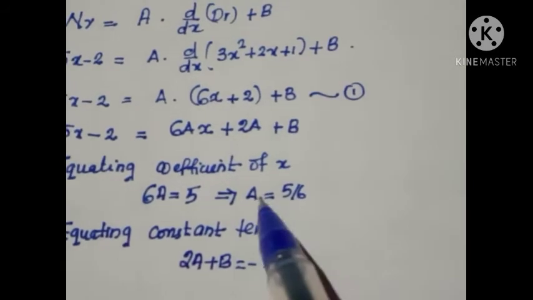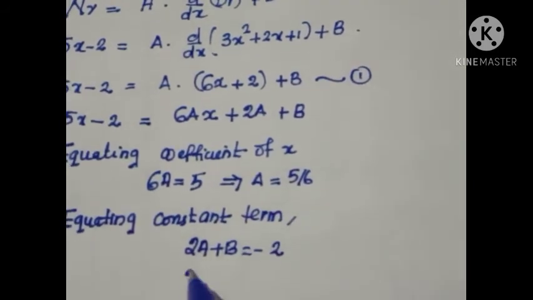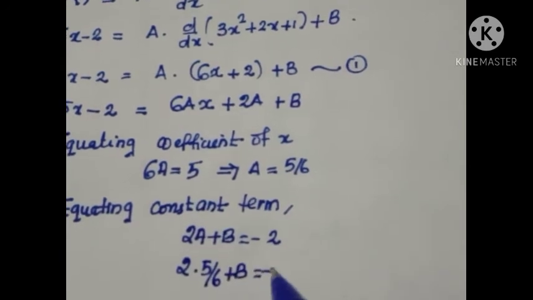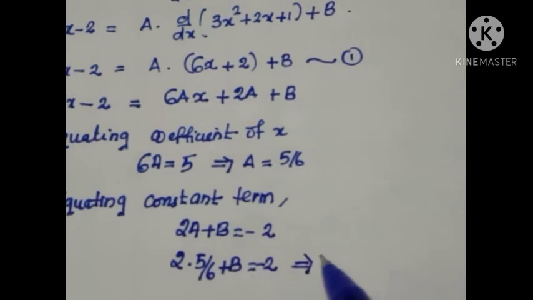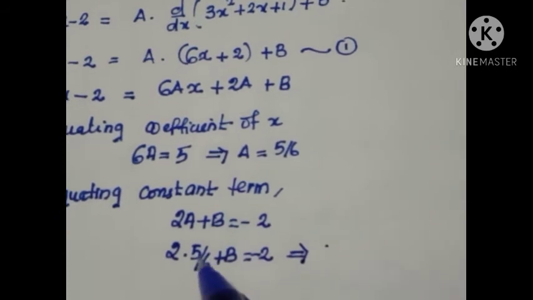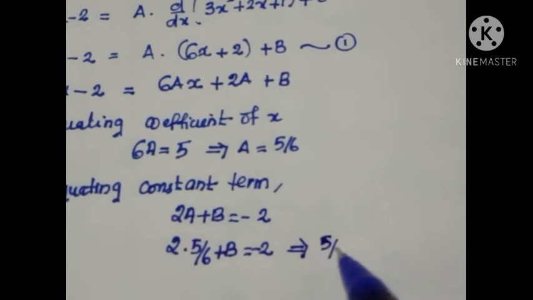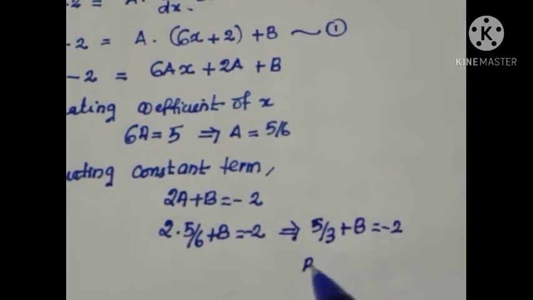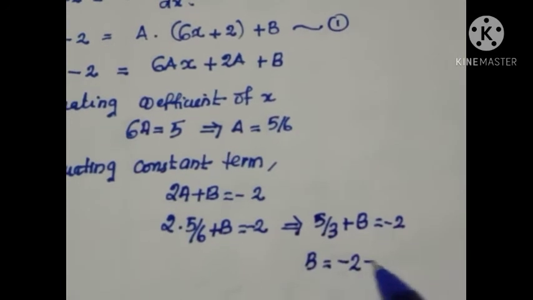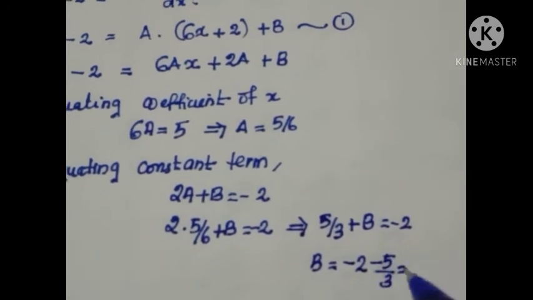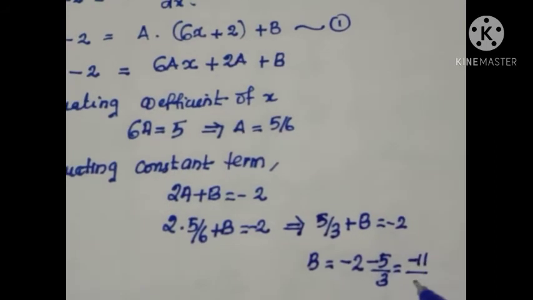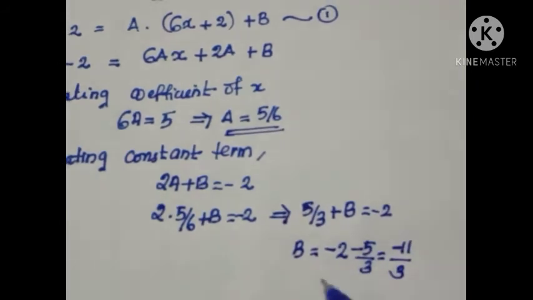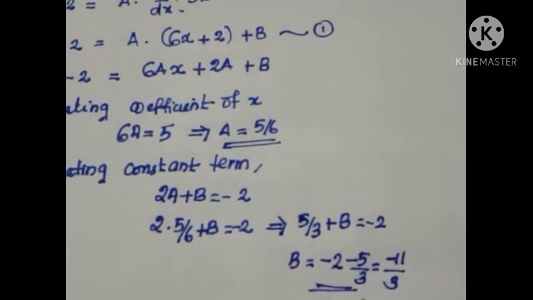Now a is 5 by 6, put it here: 2 into 5 by 6 plus b equals −2. 2 into 5 by 6 means 5 by 3. So 5 by 3 plus b equals −2, or b equals −2 − 5 by 3, which is −11 by 3. So a equals 5 by 6 and b equals −11 by 3.